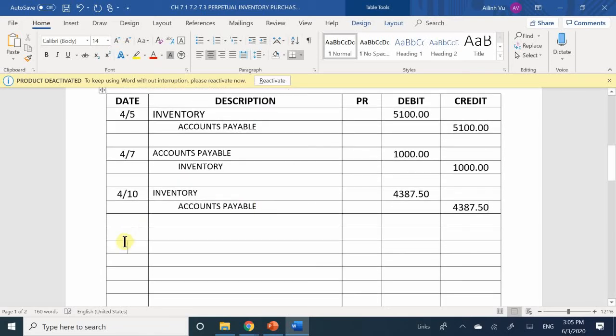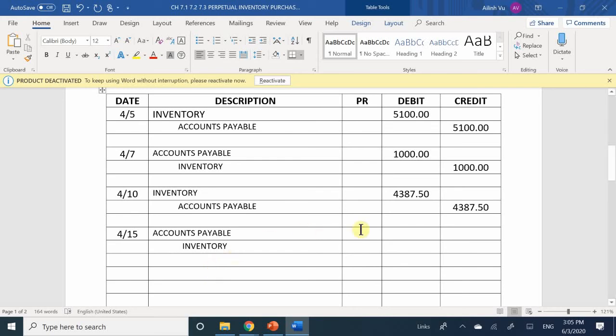What accounts are we going to be using? Accounts payable and inventory. Accounts payable first, because that's what you're taking it back to, for $287.50.